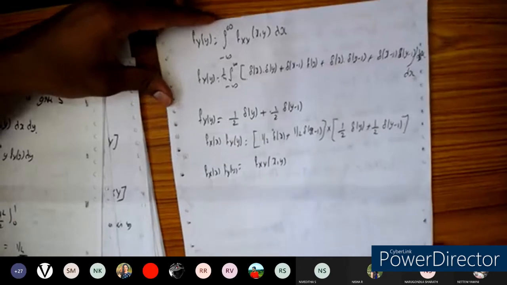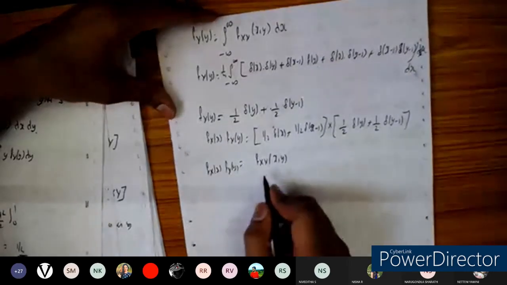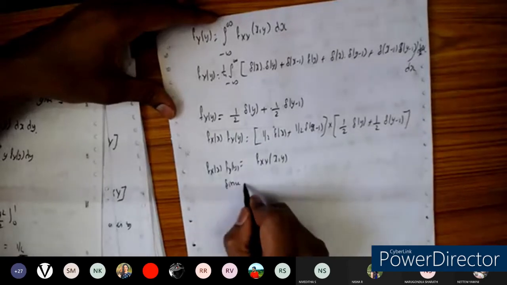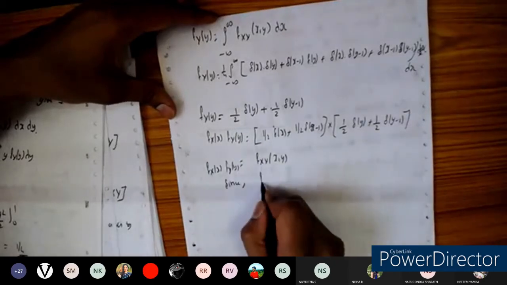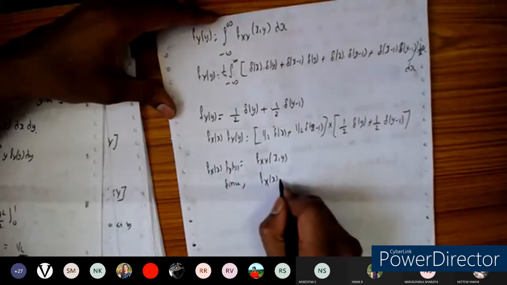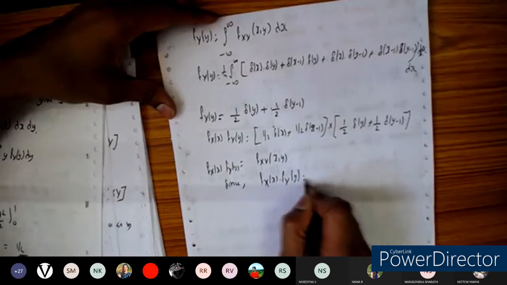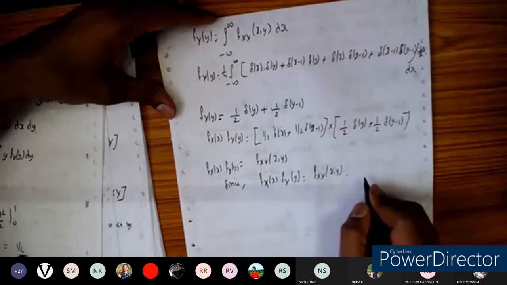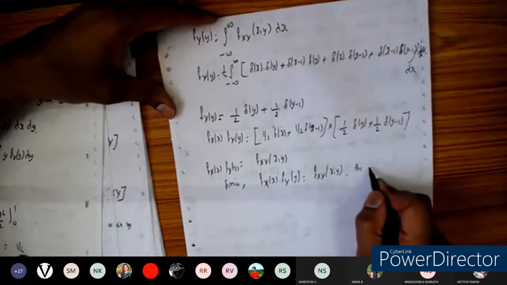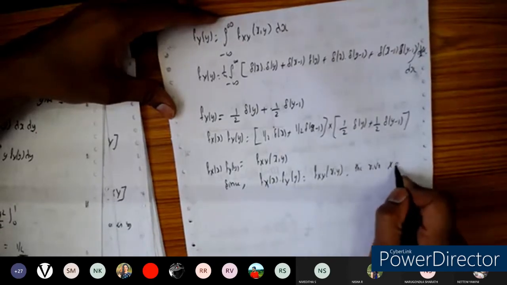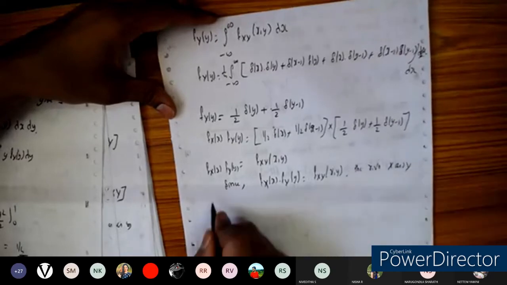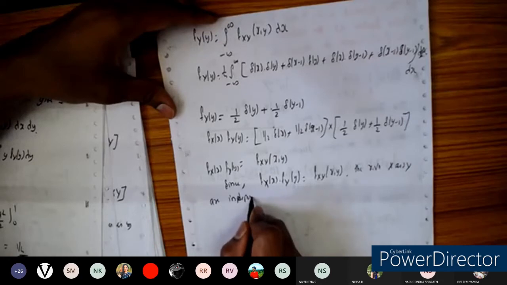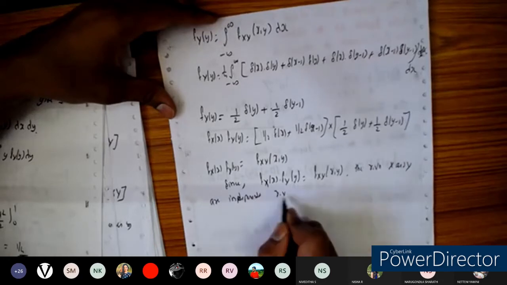That is what we said in the last class. Since the above condition is satisfied, that is f_X(x) into f_Y(y) is equal to f_XY(x, y), the random variables X and Y are independent random variables.